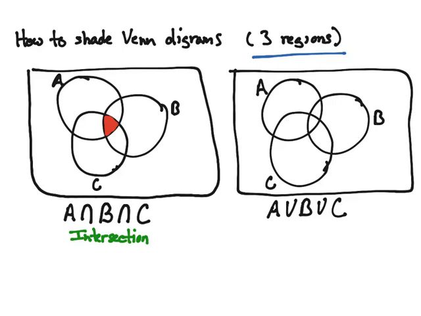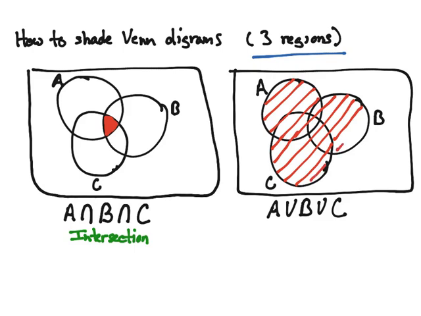We have region A, region B, and region C. So that means we're going to have to shade in all 3 of the circles. You notice I'm not going outside of these 3 circles, the 3 regions. Okay, that's the union. So that's pretty basic, pretty easy, right? Let's go to the next slide.